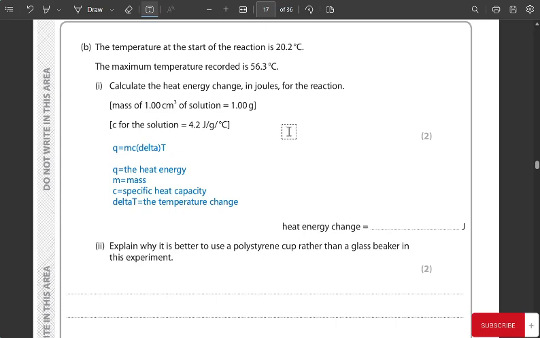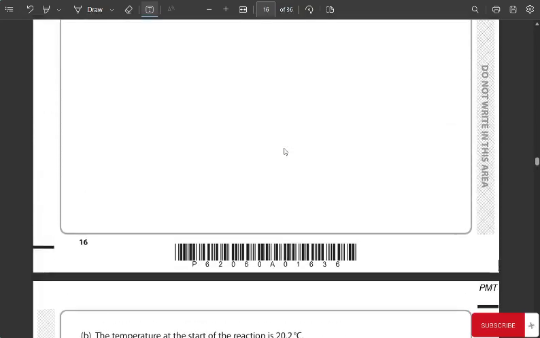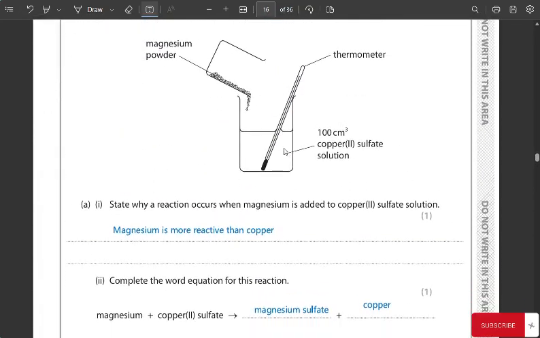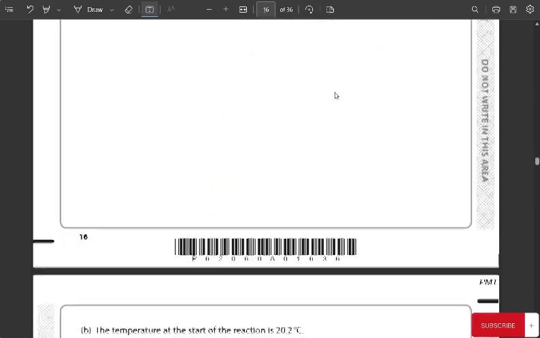Okay. First, we will find the temperature change by subtracting 20.2 from 56.3, and it's equal to 36.1, and the mass of the solution is 100 cm³.